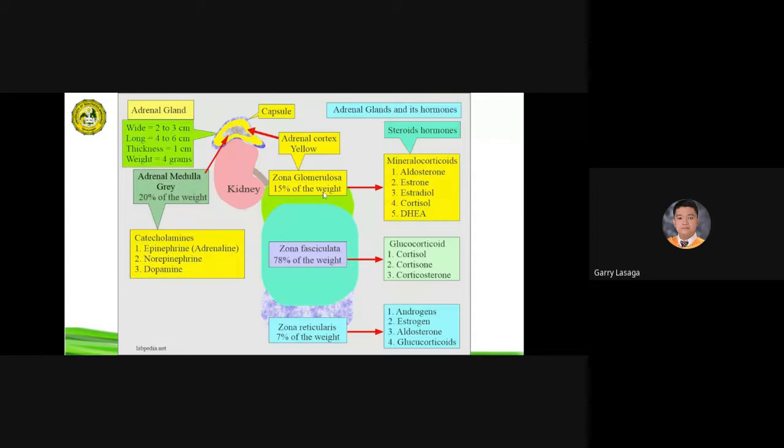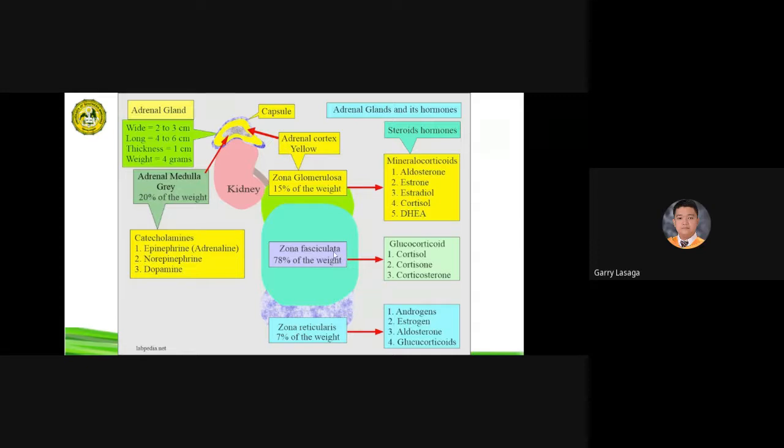So take note that the zona glomerulosa does not only produce the mineralocorticoid, aldosterone, but almost all the portions or the sections of the adrenal cortex produce a small amount of some hormones. For example, in the zona glomerulosa, it also produces cortisol, but only in small amounts.